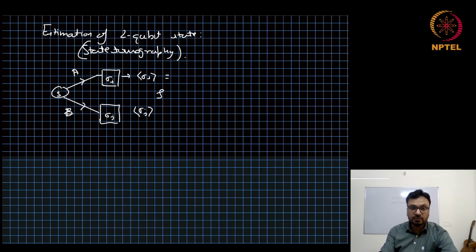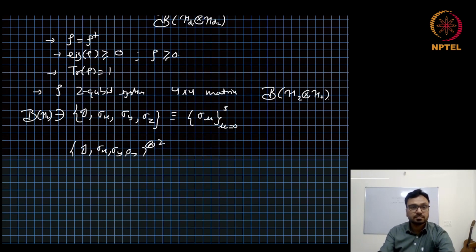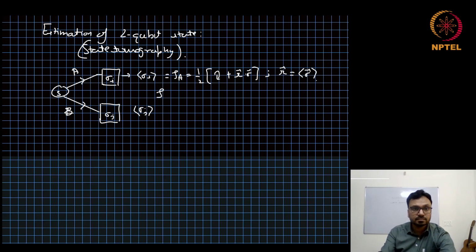One way is, on subsystem A, we get the density matrix rho A, which is half of identity plus R dot sigma, where the R vector is the expectation value of the sigma vector. Similarly, we have rho B, which is half of identity plus S dot sigma, where the S vector is the expectation value of sigma in the B subsystem.